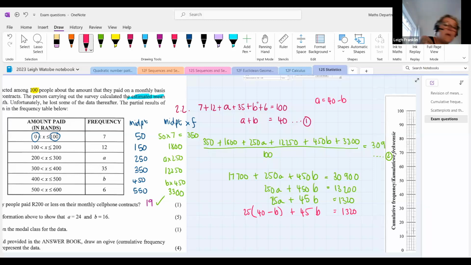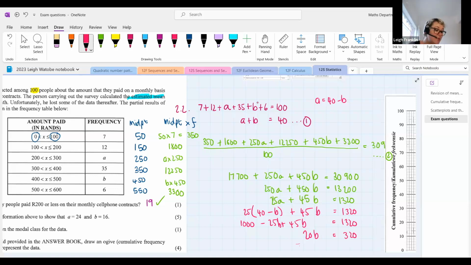So I need to expand my brackets, and then collect my B terms one side and my number terms the other side. If I've got 45B, oopsie, I left off the B here, and I minus 25B, I'm left with 20B on the left-hand side. And on the right-hand side, I've got 320 when I take that 1,000 over.